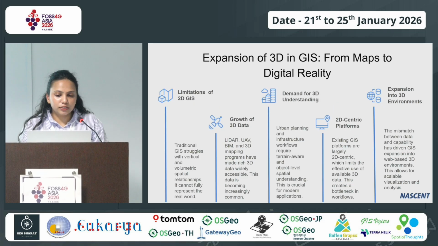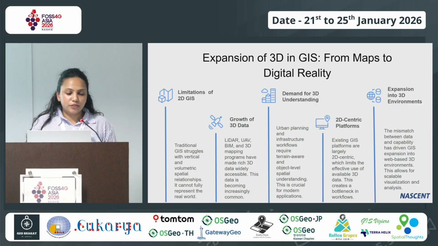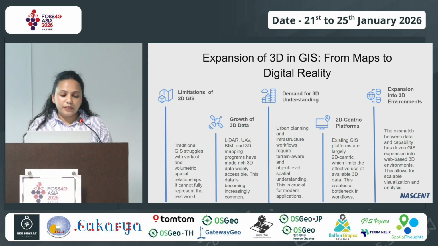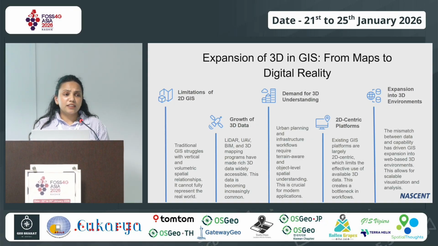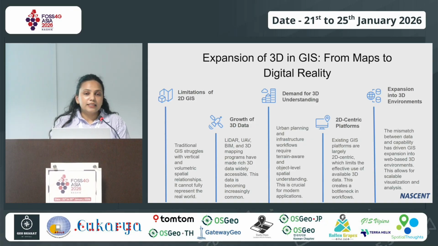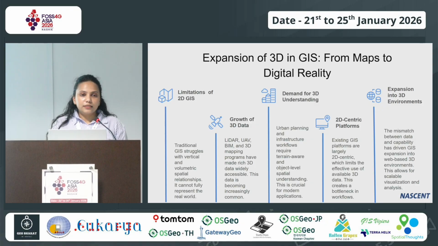So what led to the expansion of 3D in GIS? As we all know, there are some limitations to 2D. 2D GIS struggles with vertical and volumetric spatial relationships. At the same time, there are technologies like LiDAR and UAV, which have made rich 3D data widely accessible.